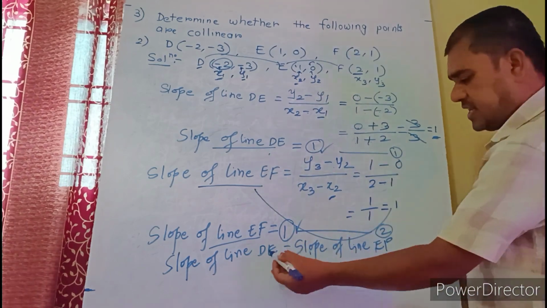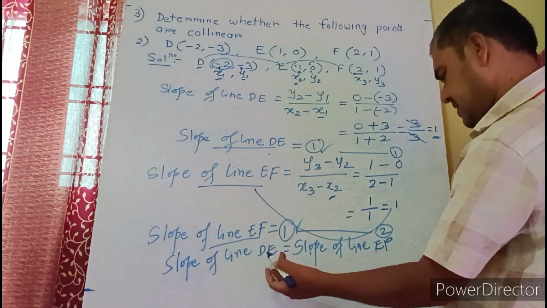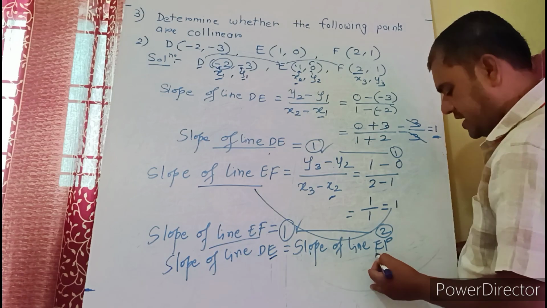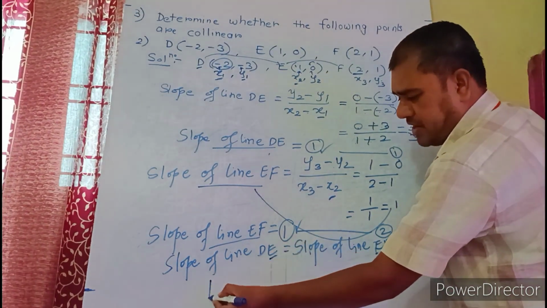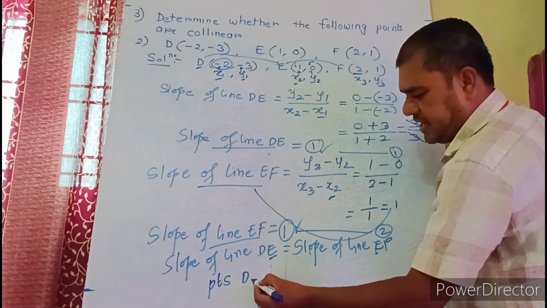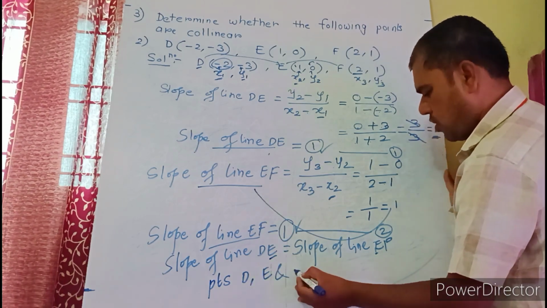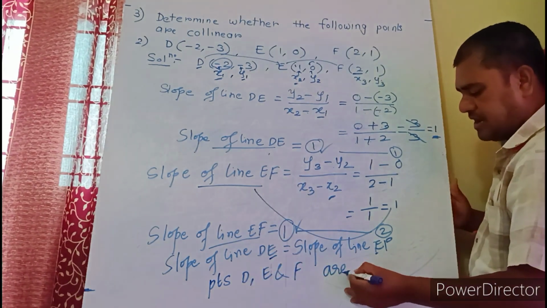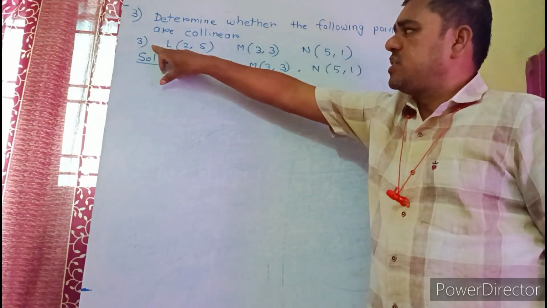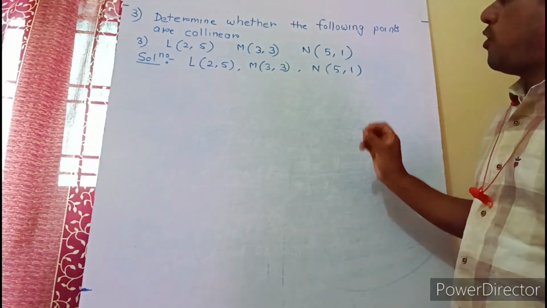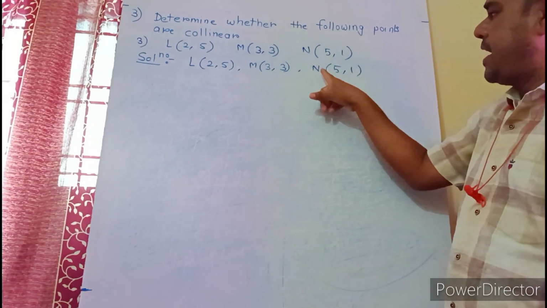On observing, we see that point E is common to both lines. Therefore, point D, point E and point F lie on the same line, which means they are collinear.